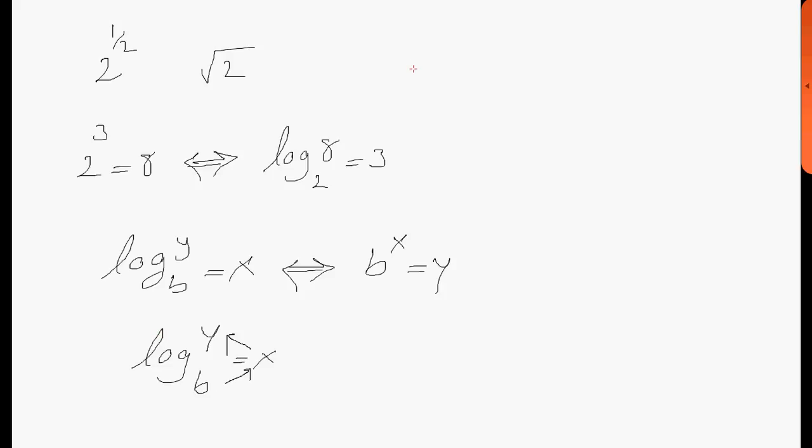So for example, logarithm of 10,000 base 10. What is this? You are asking yourself, what is the power such that I need to raise 10 to that power to get 10,000, and that power is 4, because 10 to the power of 4 is 10,000.